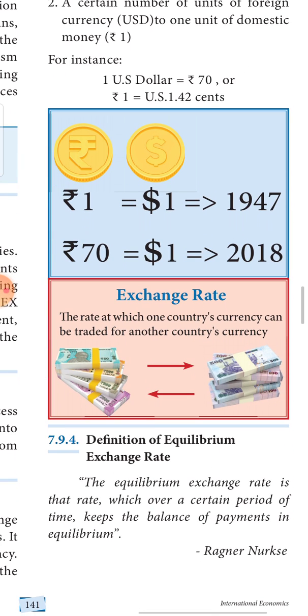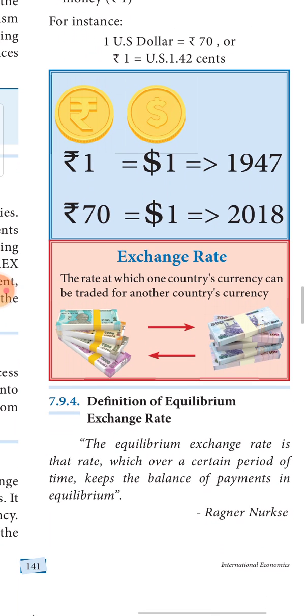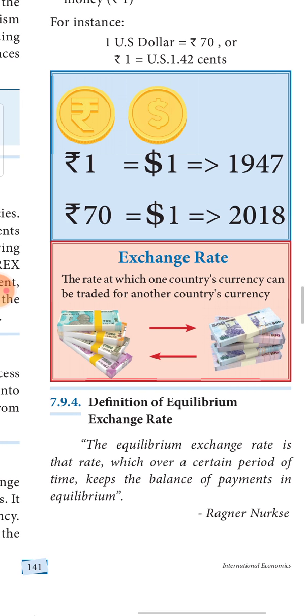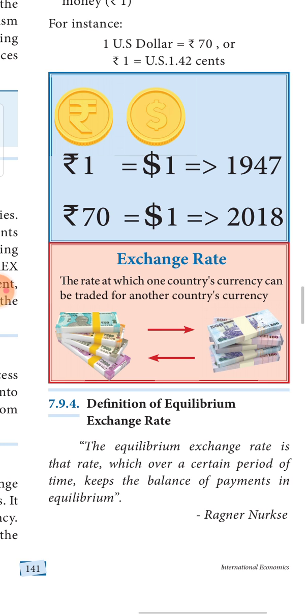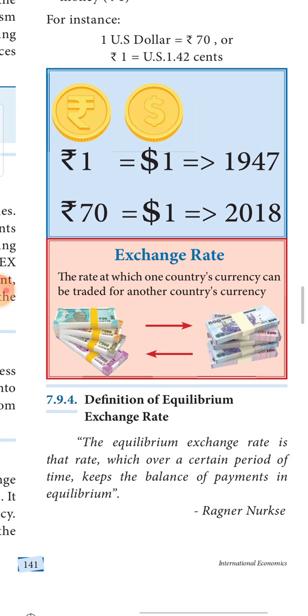Now let us look into the exchange rate. In 1947, the exchange rate was 1 USD equal to 1 rupee, which means a person living in America and a person living in India enjoyed the same living status. The amount of money earned by a person in the US would be the same as the amount earned by a person living in India.